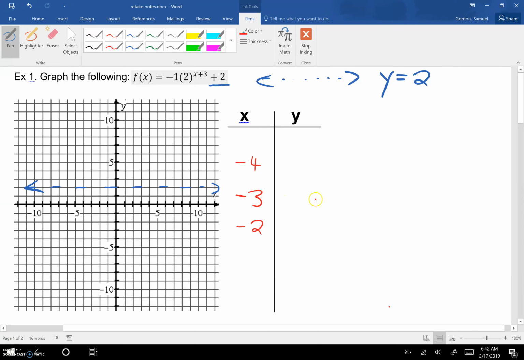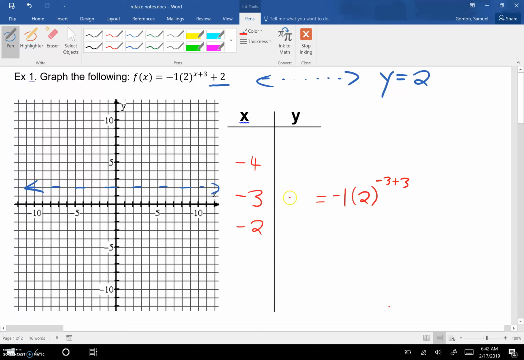Now to find this first value, I'm going to take this equation and copy it: negative 1 times 2 to the power of x plus 3, plus 2. I'm going to put negative 3 there because x is negative 3.